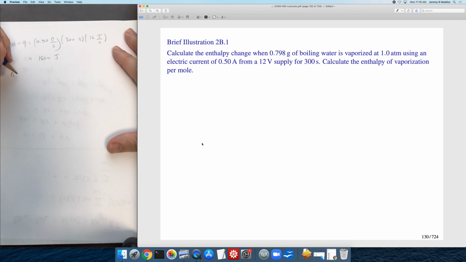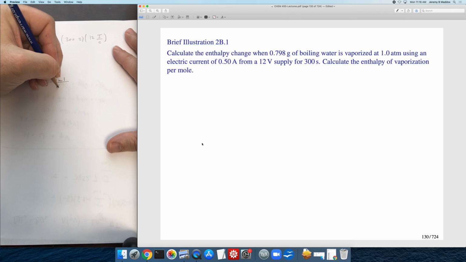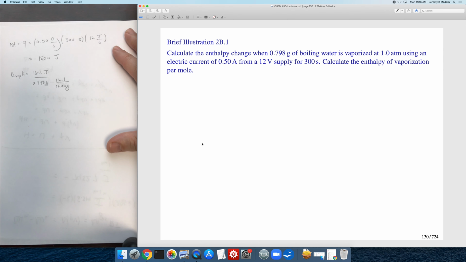So the enthalpy of vaporization is going to be this 1800 joules divided by the number of moles, which is going to be the mass, 0.798 grams, multiplied by 1 over the molar mass for water, 18.02.